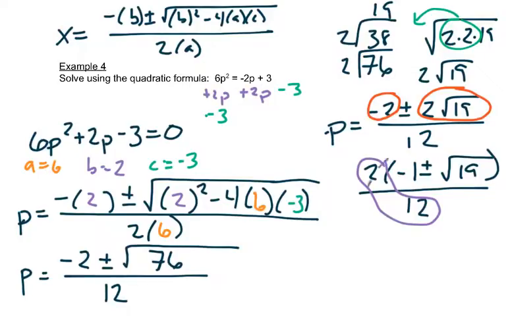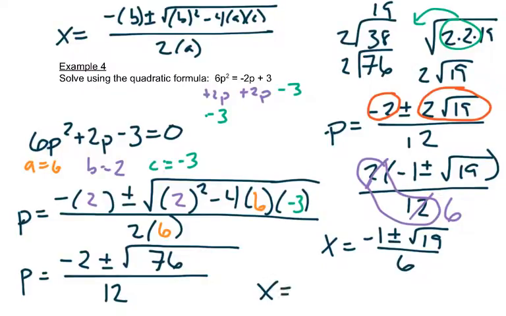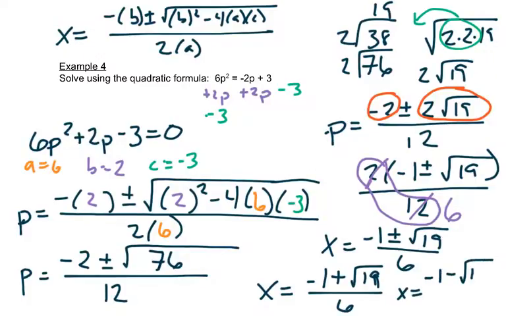The 2 will cancel out, and this will leave us with 1 over 6. So we get for our answer, x is equal to negative 1 plus or minus the square root of 19 over 6. And that's actually two answers. It's x equals negative 1 plus the square root of 19 over 6, and x equals negative 1 minus the square root of 19 over 6. And those are exact answers of that problem.